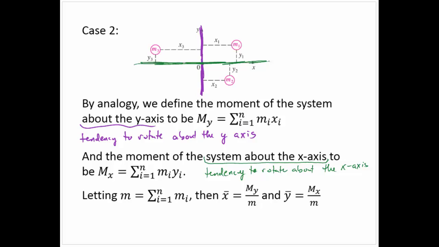So we can find those individual moments about the y-axis and x-axis, and we can find the x-center and the y-center by taking the moment, so the x-center is m sub y divided by the sum of the masses, and the y-center is m sub x divided by the sum of the masses.